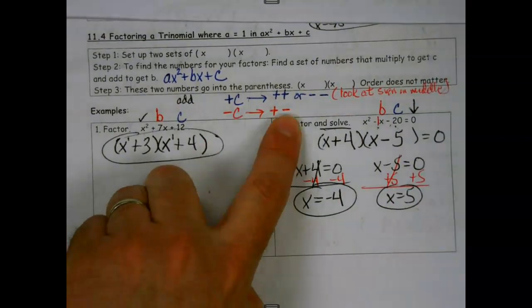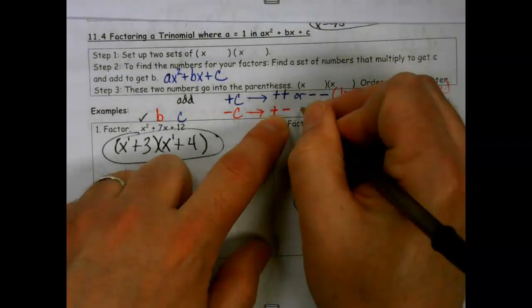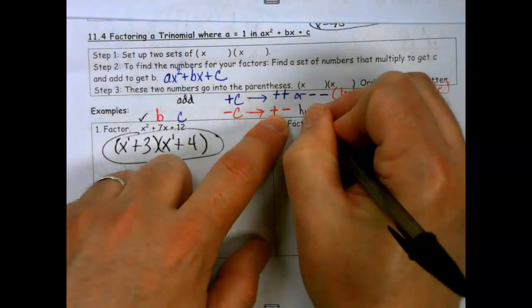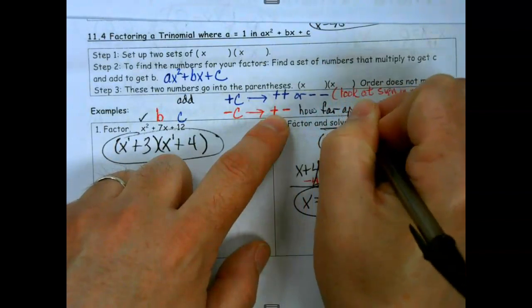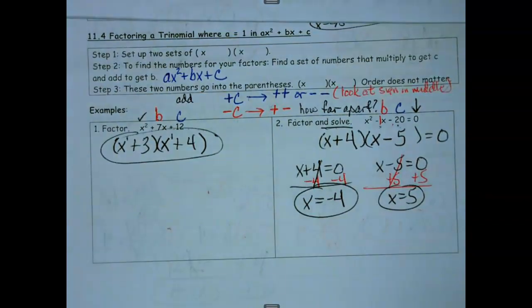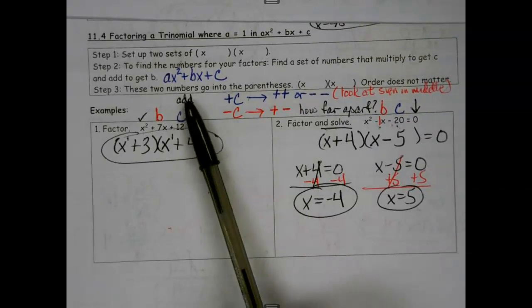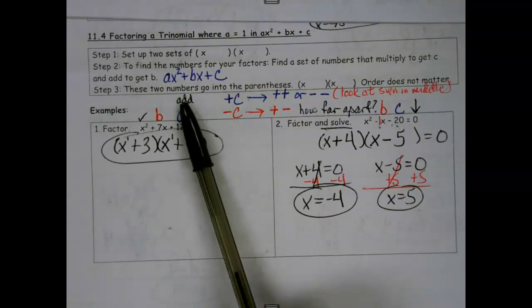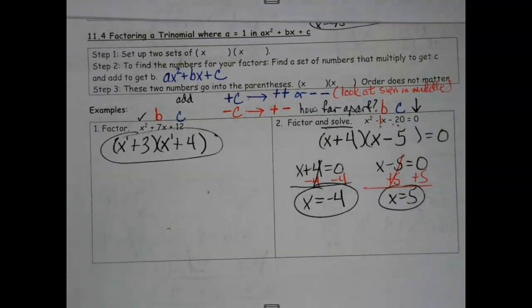If the signs are different, the question changes to how far apart the two numbers are from each other. So plus plus or minus minus, add them up. That's what you're looking for in the chart. If it's plus minus, it's almost like you're subtracting instead. You're seeing how far apart they are.